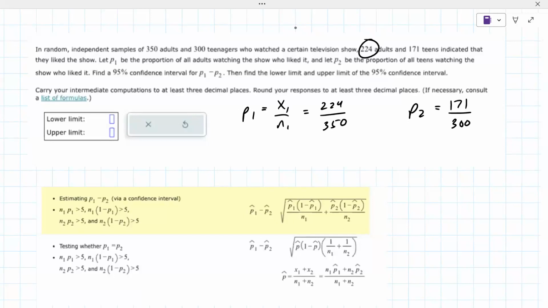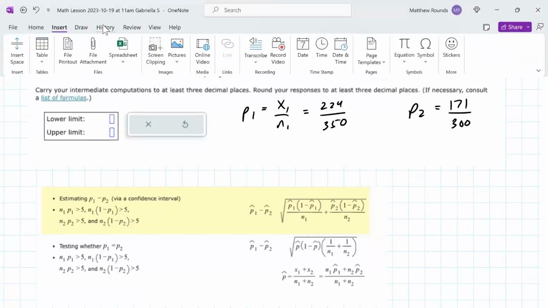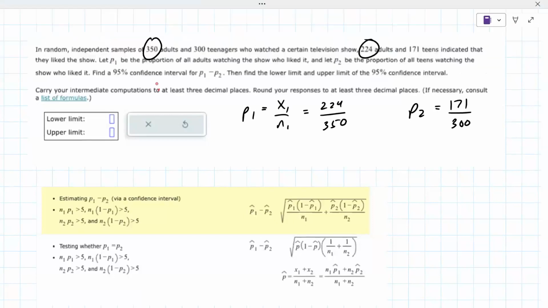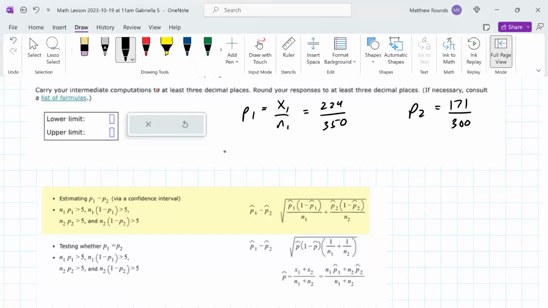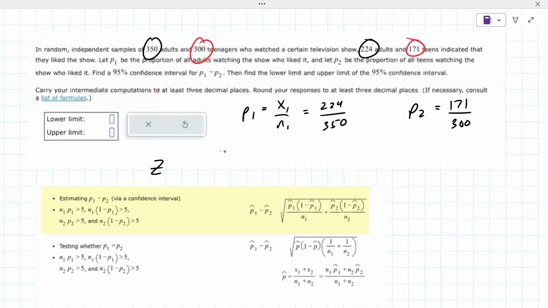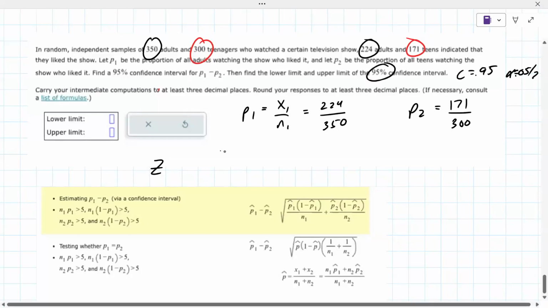Now, to find the confidence interval, this is always a z. These are always z's. You need the c. The c is 0.95, so alpha is 0.05, divided by 2, which gives us 1.96.